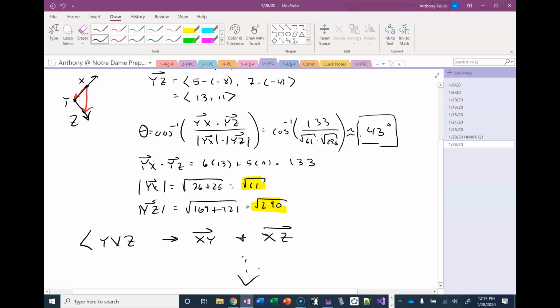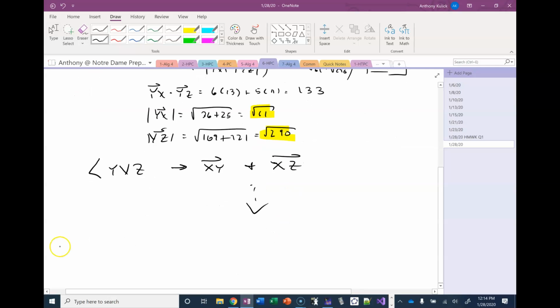All right. What else from this assignment? Colette? 36 wants the angle between V and W. So I'm just going to be using that same formula that we just used there.